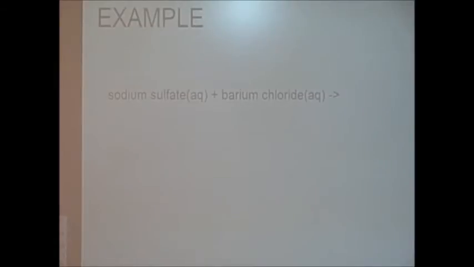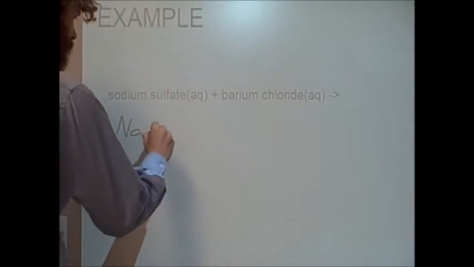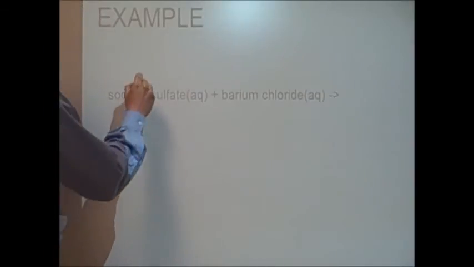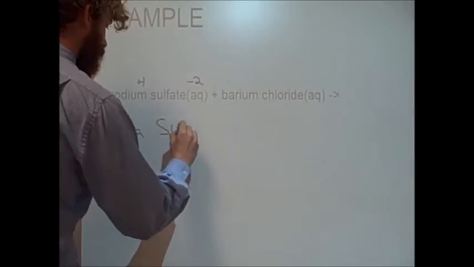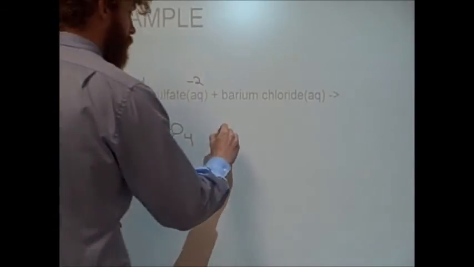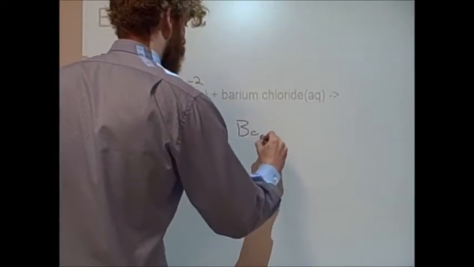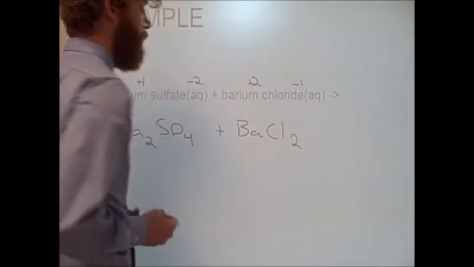The first thing we have to do in this situation is write out the reaction. So sodium sulfate: we know sodium's Na, charge of +1, SO4 charge of -2, as we cross and drop, plus barium chloride, BaCl2, +2 and -1.